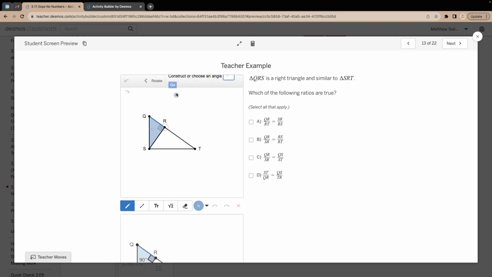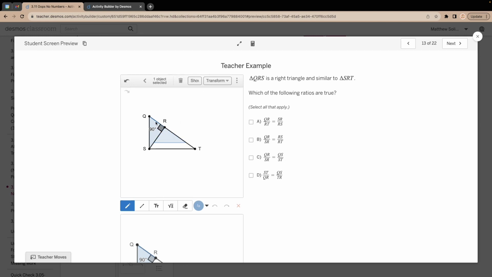I'm going to rotate around here. I'm going to go 90 degrees. I'm going to go this way, 90. There we go. See how that triangle would rotate there? And those triangles would be similar. So just wanted to show you we would rotate it and then use a scale factor.